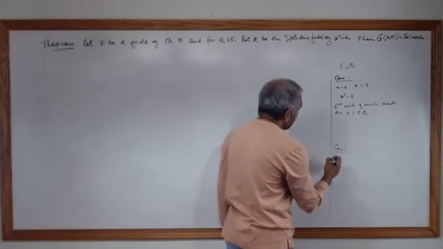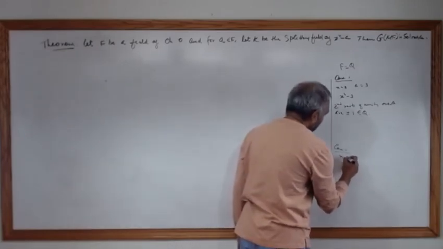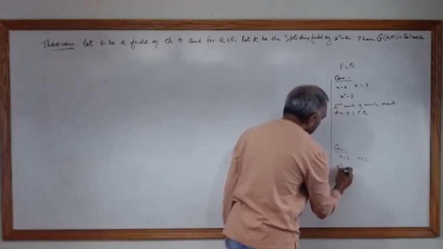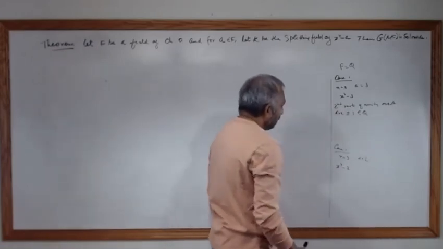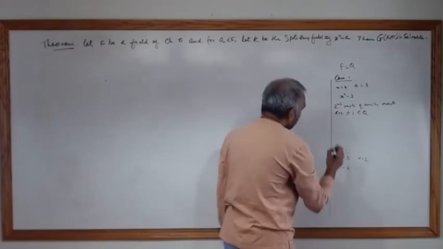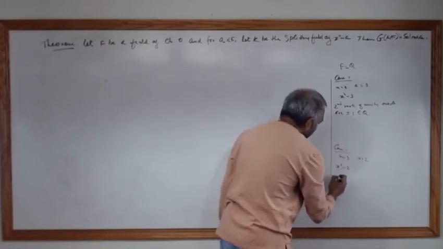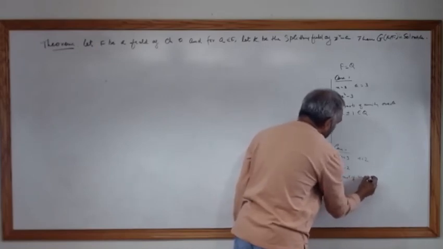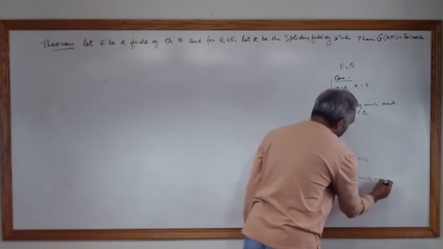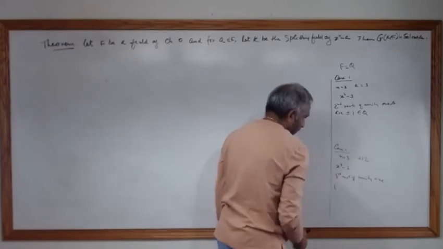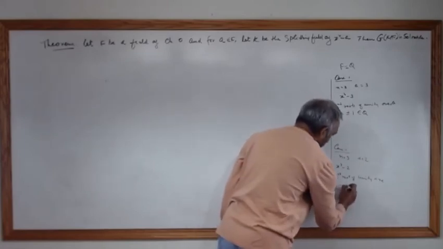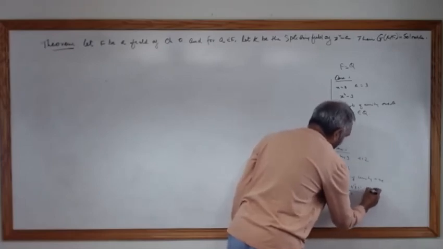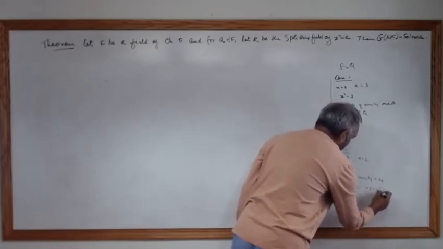The second case is, let us say n is equal to 3 and a is equal to 2. It is x cubed minus 2. So the third roots of unity are 1, minus 1 plus root 3 i by 2, and minus 1 minus root 3 i by 2.